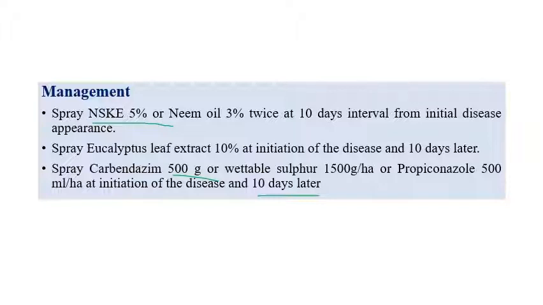If it is at a little bit advanced stage, a 1% milk solution can be recommended. 1% milk solution in the sense 1 ml of milk in 100 ml of water gives 1% concentration.